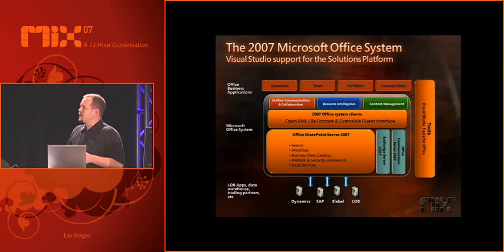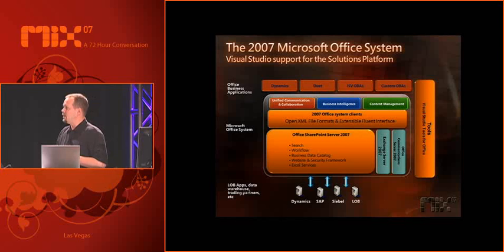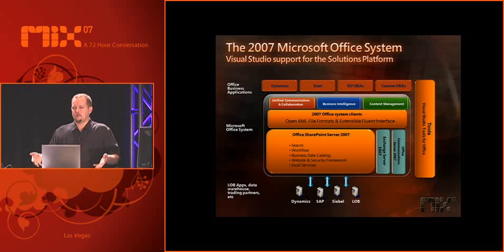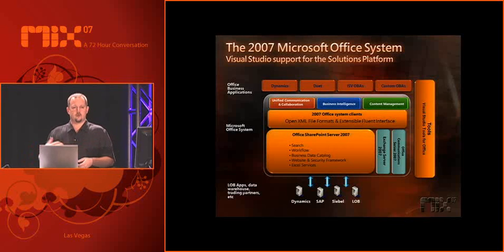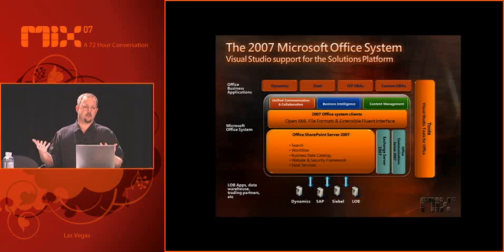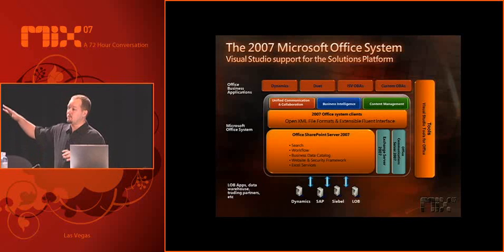Probably the most important things to point out are the three: the tools piece, the clients, and Office SharePoint Server. You're here to talk about Web 2.0 stuff, Silverlight, WPF, consuming web services, all those types of things that really live in the cloud. The core element of the platform is what we call MOS, Microsoft Office SharePoint Server.